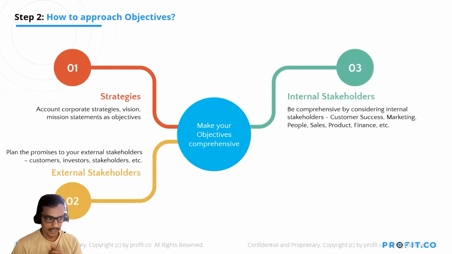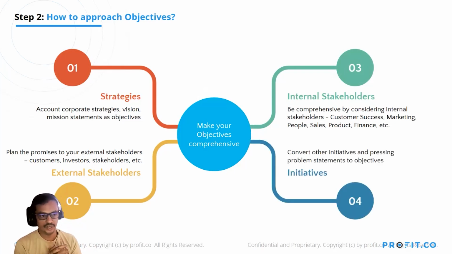And finally, you are going to have some initiatives that you are going to take. For example, you are going to do digital transformation, you are going to upgrade to a different CRM tool, and all those things are your internal initiatives which you will account for.